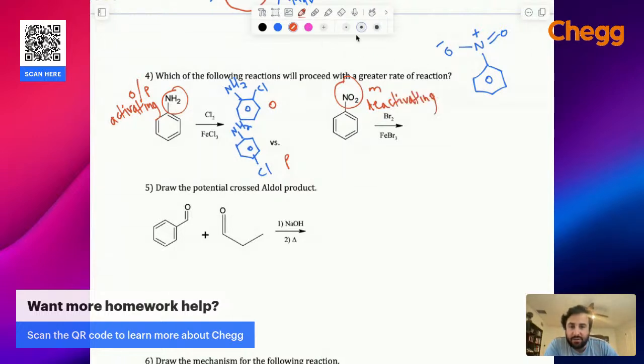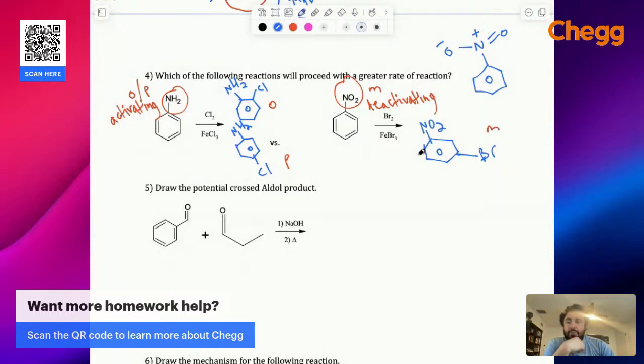If it is a meta director, it is going to direct incoming electrophiles to the meta position. So there's our product there. That is going to be meta substitution.